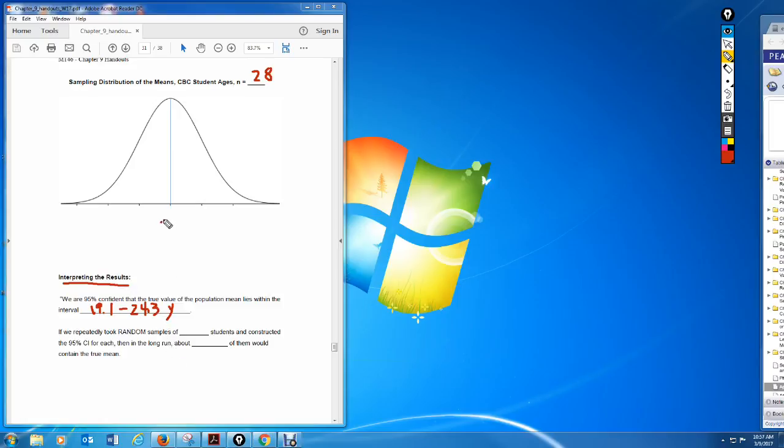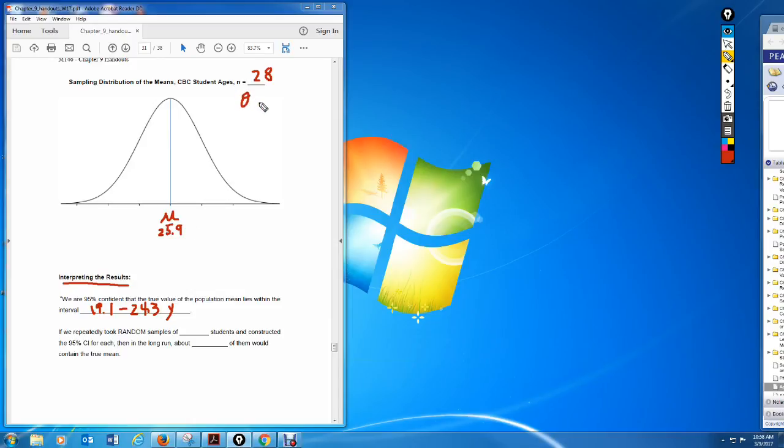Because in fact, it is not. So here at the center of the sampling distribution is the true population mean age of all CBC students. And that value is actually 25.9 years. So as you can see, we missed it. We did not capture it. Okay. And just so you know, so that is the true value of the population mean.